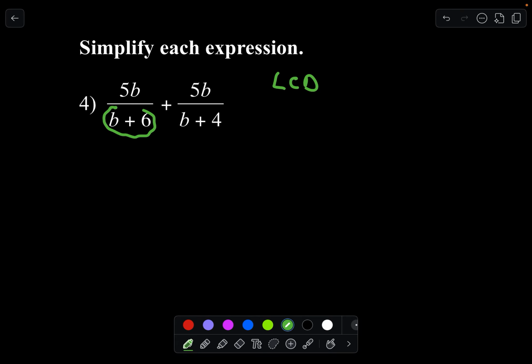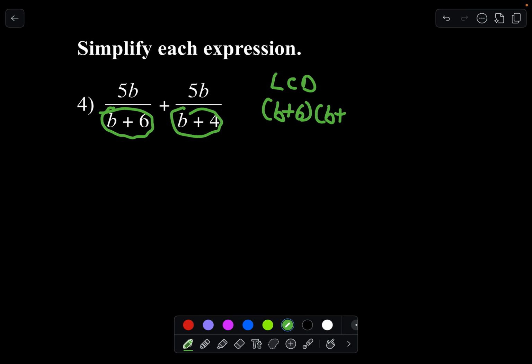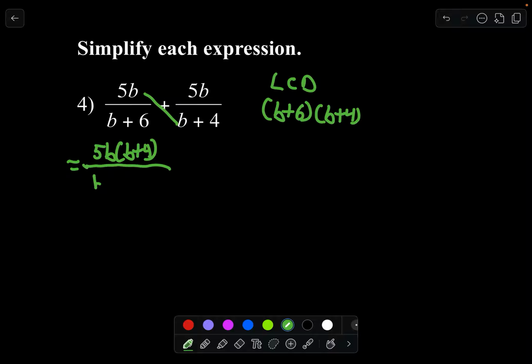So you look for the LCD. Well, luckily for us, these are just two linear binomials on bottom. So the LCD is going to be each. It's going to be b plus 6 and b plus 4 multiplied together. What that basically does is when you add these, it will be b plus 4 times 5b over b plus 6, b plus 4, which is the LCD.